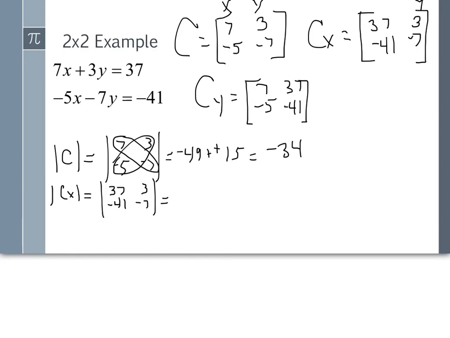Again, we cross multiply. 37 times negative 7 is negative 259. Negative 41 times 3 is negative 123. Plus plus becomes negative 136. And then we do CY determinant.